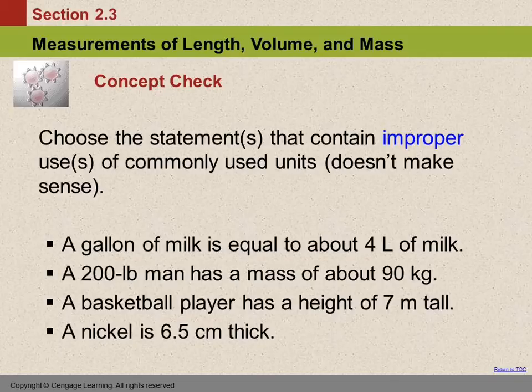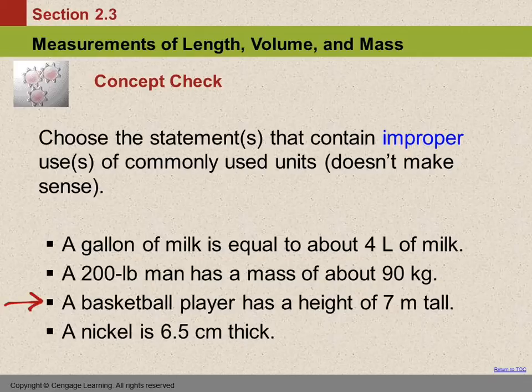No. 7 feet tall. Some of those guys are really tall, right? But how big is a meter? A meter is like a yard. 3 feet. So 7 meters would be how many feet? 21 feet. No, that one's ridiculous. Okay, so this is one of the answers.